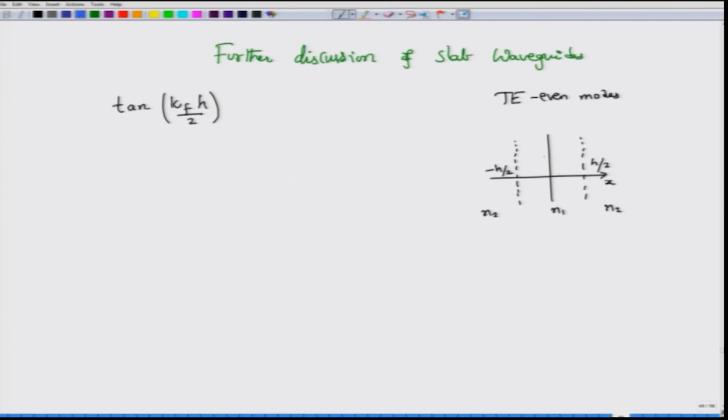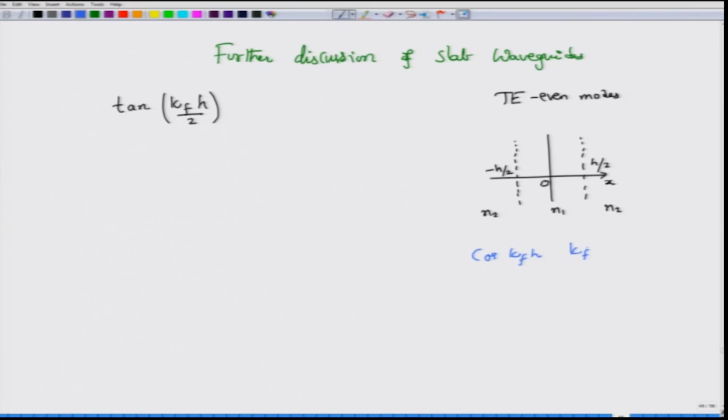When we say even modes, what we mean is that from the center of the axis, which will be at x equal to 0, if you were to plot the modes, you would have modes in the form of cos kappa f h, and we have already seen that this kappa f has to satisfy a certain relationship in order to.